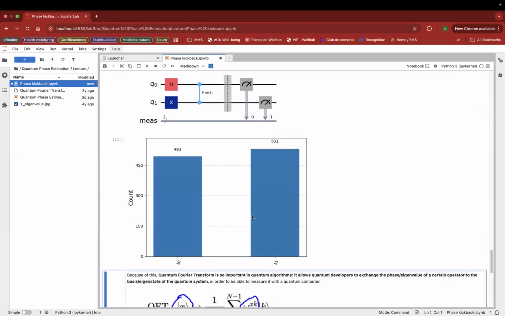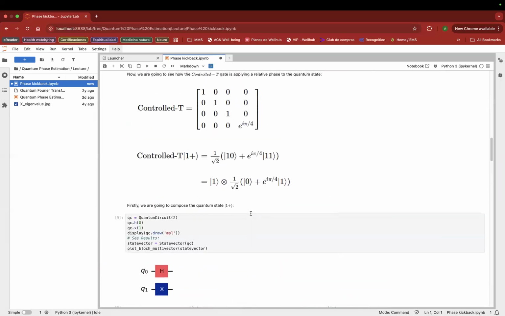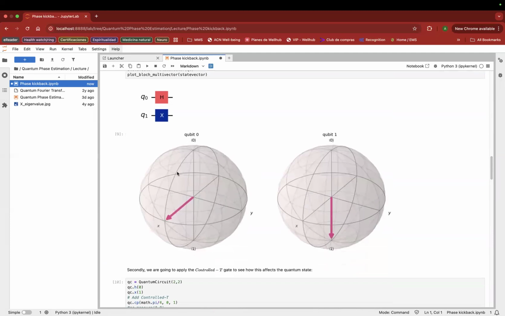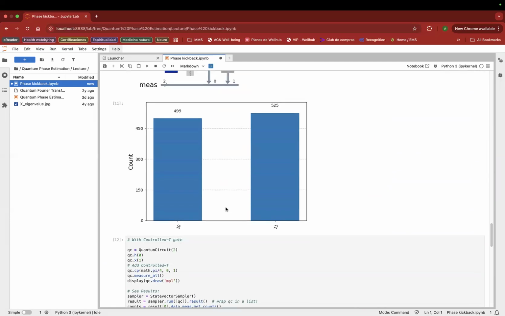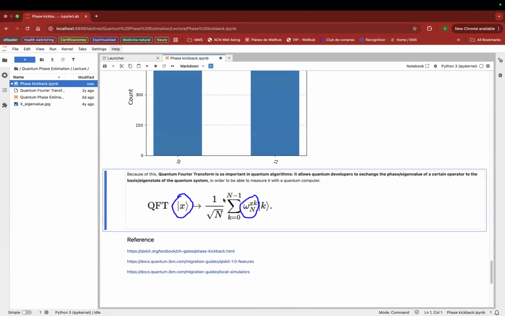What's the important fact from this part of the lesson? One, real quantum computers do not measure phases. Global phases are not taken into consideration in quantum circuits, but relative phases are. So the two things I want you to keep: one, real quantum computers are not measuring phases.